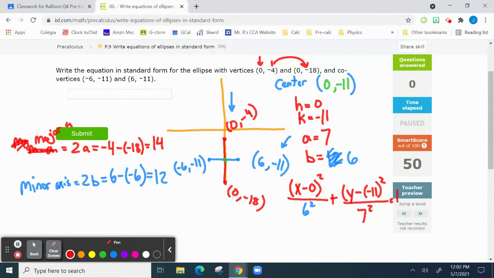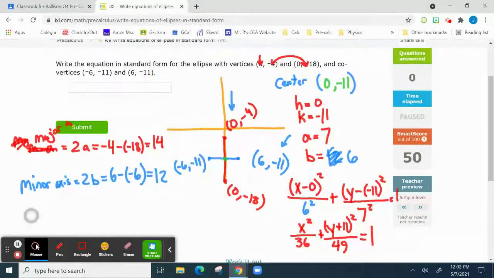So our actual equation, to simplify it out, is x squared over 36 plus (y plus 11) squared over 49 equals 1. And let's enter that.